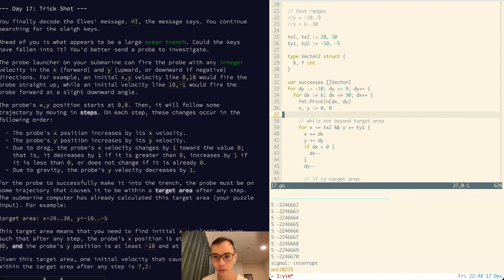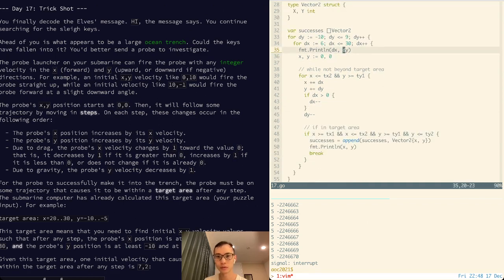Where am I going wrong with this? This is dx dy that's being printed, isn't it? How is this possible? How is y getting... What?